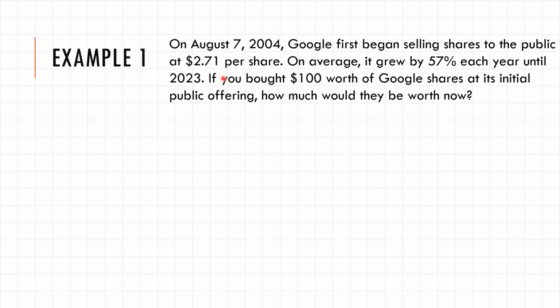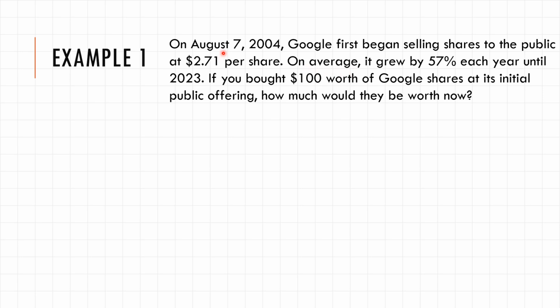In this example, on August 7th, 2004, Google first began selling shares to the public. Remember, a share is like one tiny piece of a company. So you could own a piece of Google for just $2.71 in 2004. Every year, on average, Google grew. It became more and more valuable as a company.